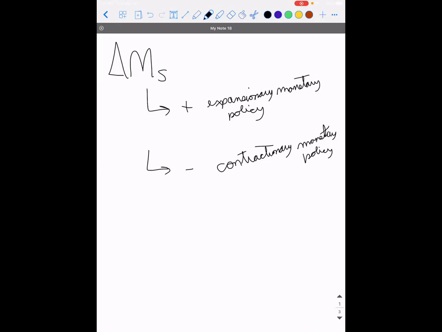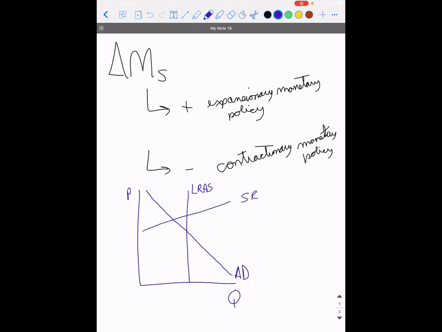And the reason why you would use expansionary monetary policy is if your aggregate demand curve and your long run aggregate supply curve were to the right of the short run equilibrium point.